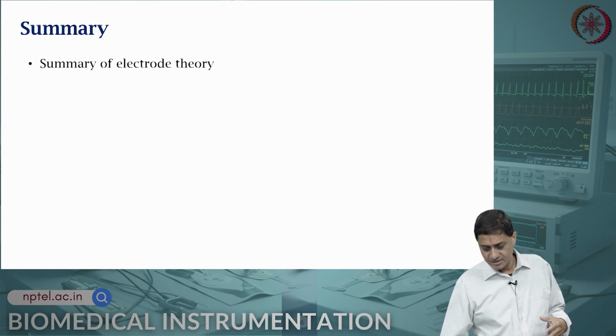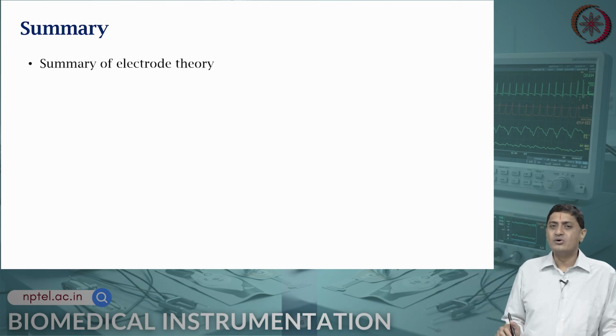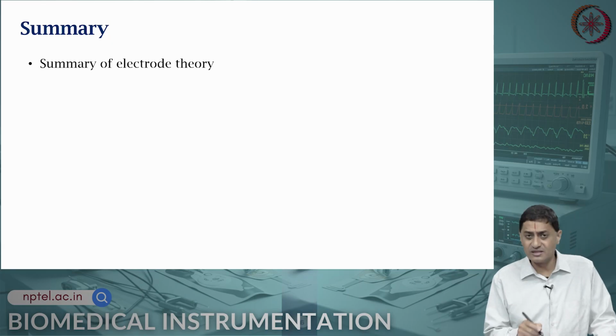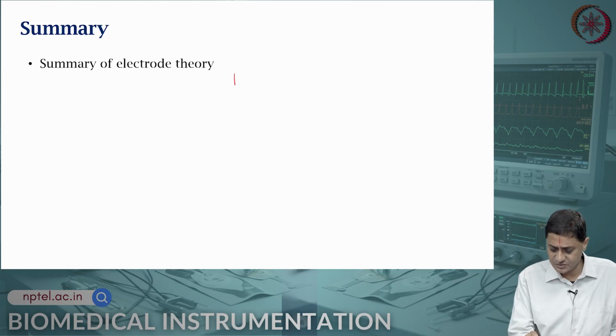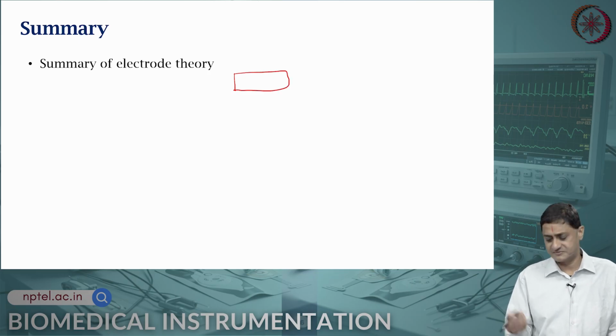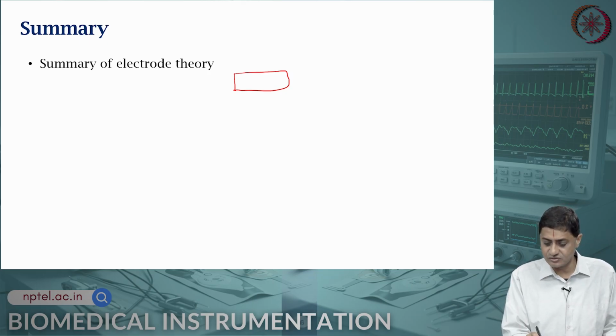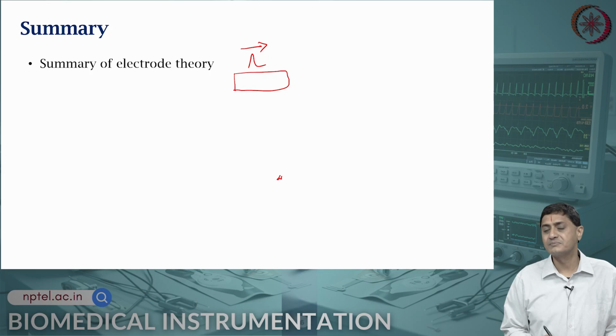Right. Wanted to discuss volume conductor effects. This is critical, because in excitable cells, let us assume that this is a patch of muscle of interest, and I am interested in measuring the electrical activity of this muscle. Let us say a wave of action potential is traveling through this muscle, like this, in this direction, right.